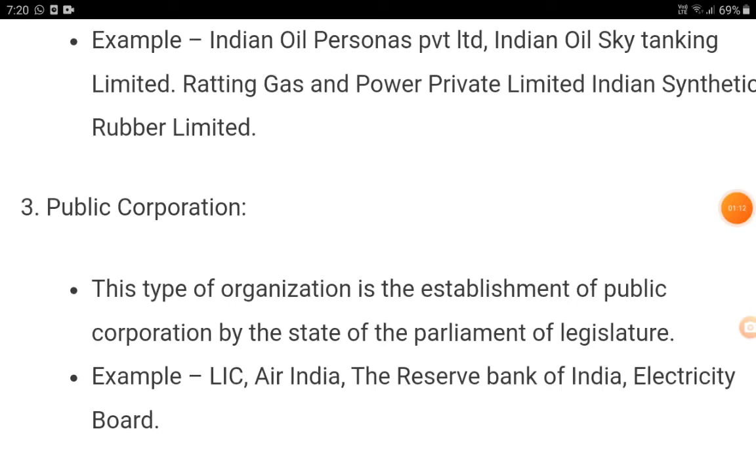Next, public corporation. This type of organization is the establishment of a public corporation by an act of parliament or legislature. Example, LIC, Air India, the Reserve Bank of India, Electricity Board.